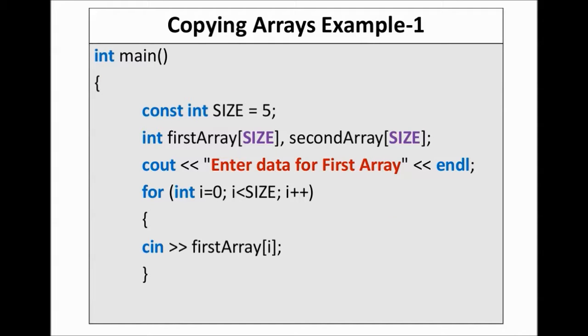So here is the example. First of all, we declare a first array and a second array. Then we use a for loop to enter values into the first array. We write for int i is equal to 0, i less than the size, i plus plus, and in the body we enter the values in the first array.